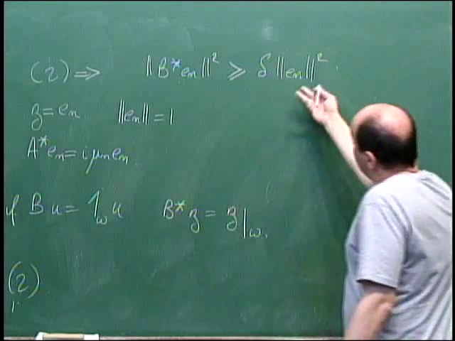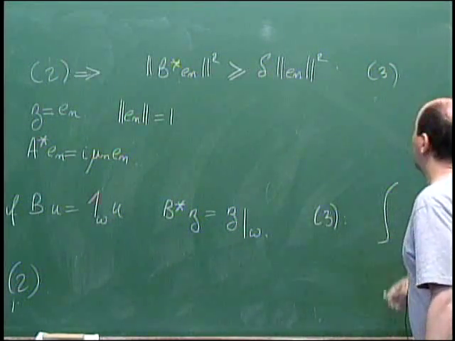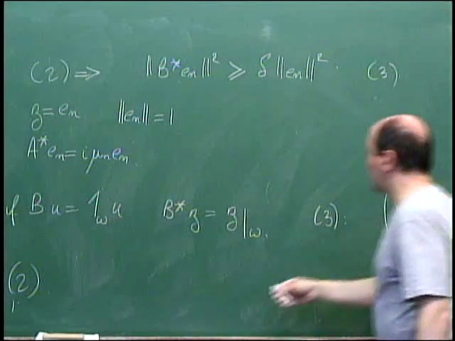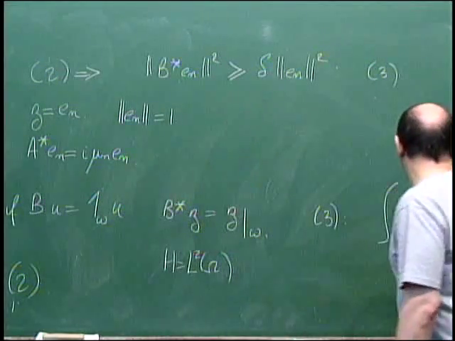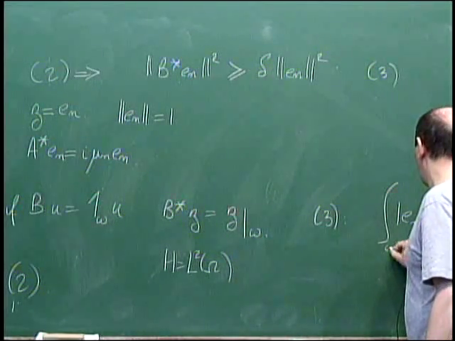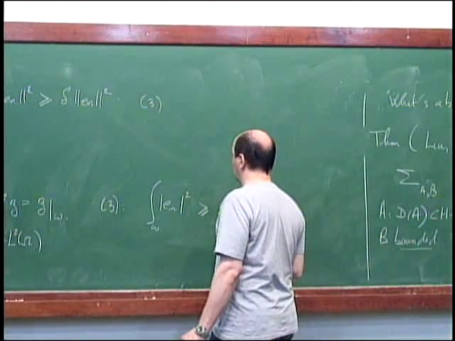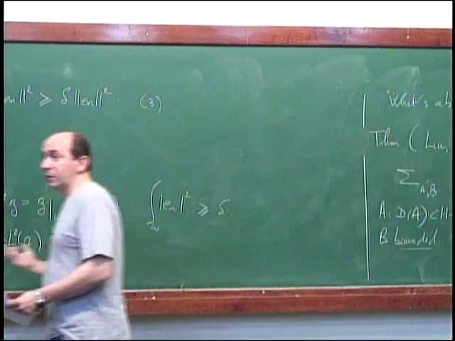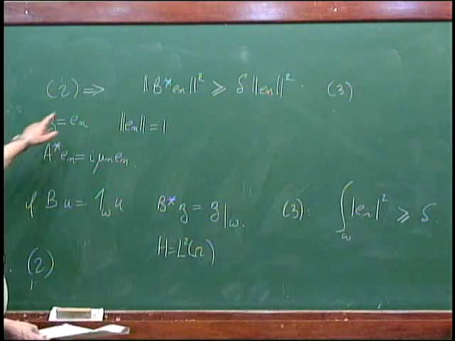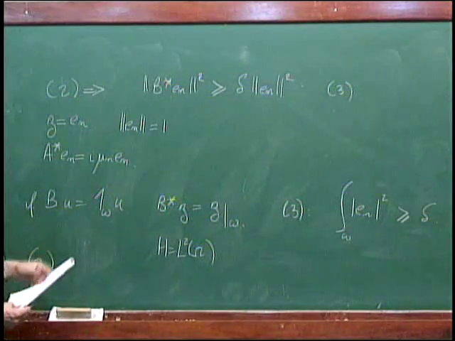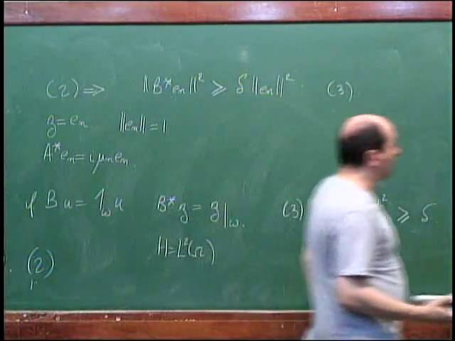So this condition 3 means just that, if H is L2, you compute the L2 norm of the eigenfunction on omega, and it is bounded from below. Well, of course, this is quite nice to consider. The problem is that actually 2 is not equivalent to 3. It is not equivalent.